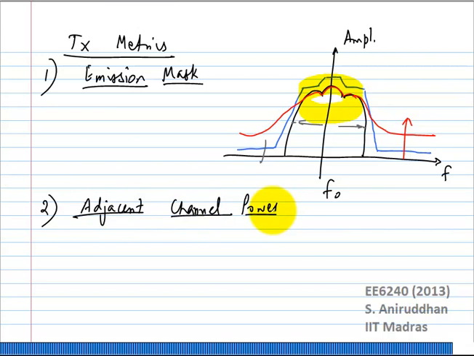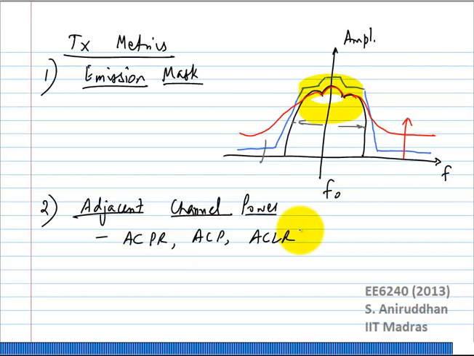Then you have what is called adjacent channel power, which also tells you how much power you are transmitting, but very specifically in the channel allocated to the adjacent user. Also called ACPR, you will see ACP, ACLR and so on: adjacent channel leakage ratio, adjacent channel power.